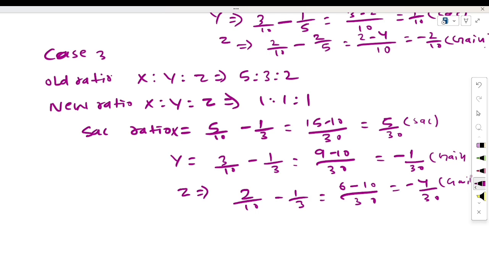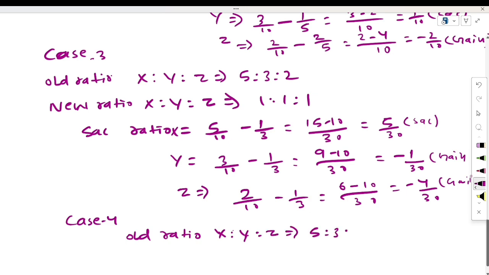Now come to case 4. What would happen in case 4? The old ratio would be the same for X, Y and Z, 5:3:2, like this.